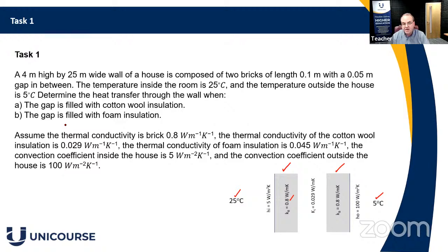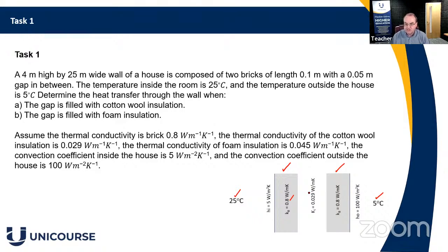If we look at the insulation, the thermal conductivity of the foam insulation is higher than that of the cotton wool. So we'd expect a higher heat transfer. If we put the wrong numbers in there somewhere, we might not get the expected answer, and it might be difficult to understand where we've gone wrong with our solution.